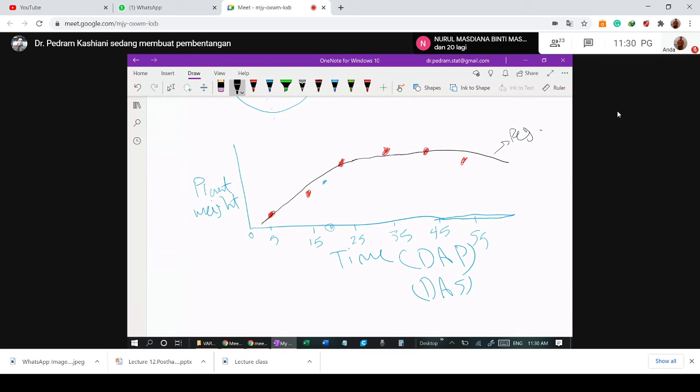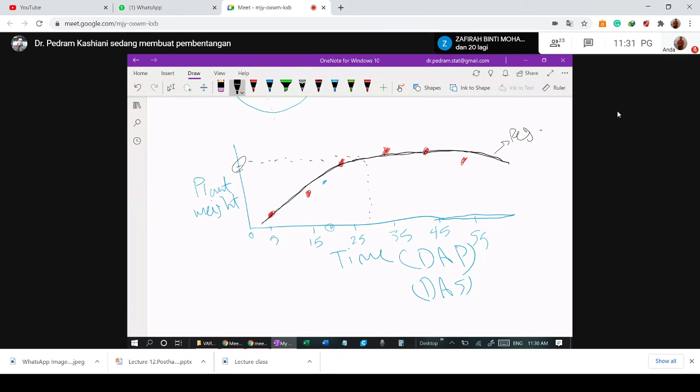When I have this line, I can understand any day you tell me. Day 30, I say, okay, day 30 is here, I go up, cut here, I go this way. Okay, day 30, your plant should be this much.